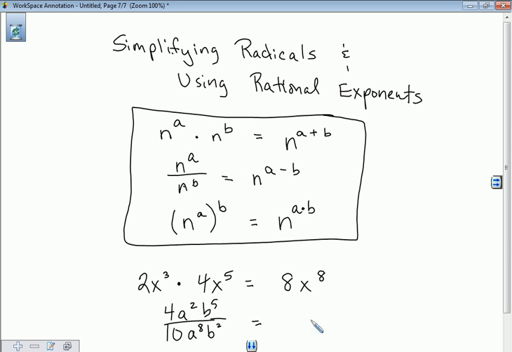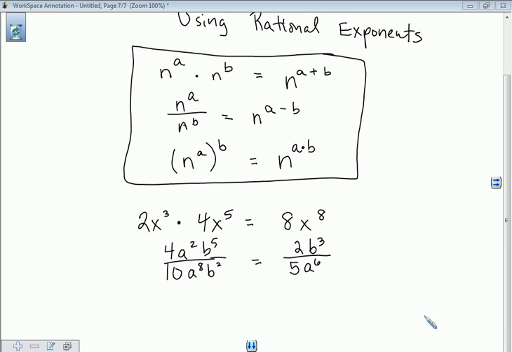And we simplified our coefficients, and we said 2/5, and then we would have a to the 6th, then b to the 3rd. Do you guys remember this stuff? Yes. And then we would have things like negative 3x squared y squared. So negative 3 squared is positive 9, x squared squared is x to the 4th, and y to the 1st times 2 is y squared. So we spent a good bit of time last year working on this.